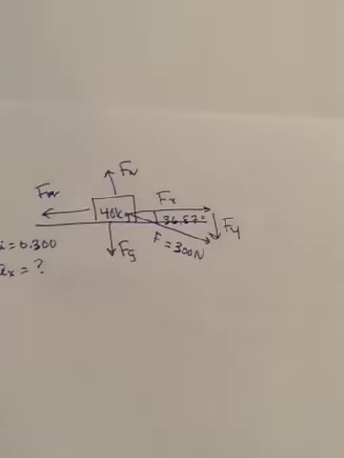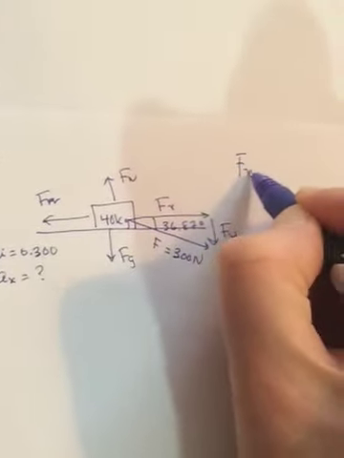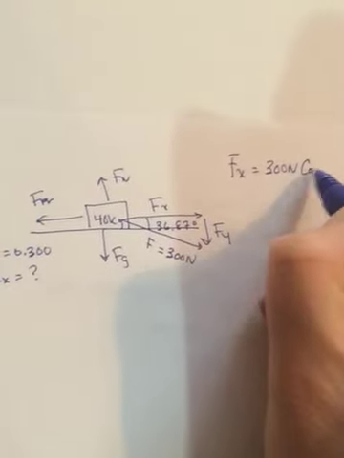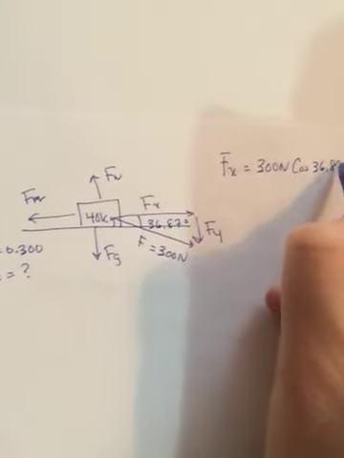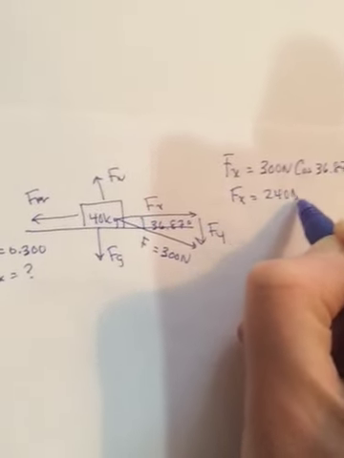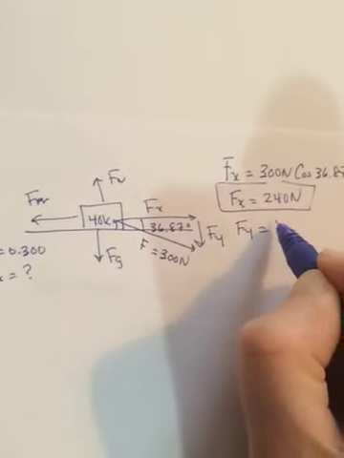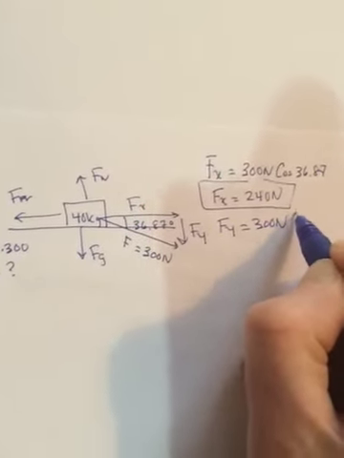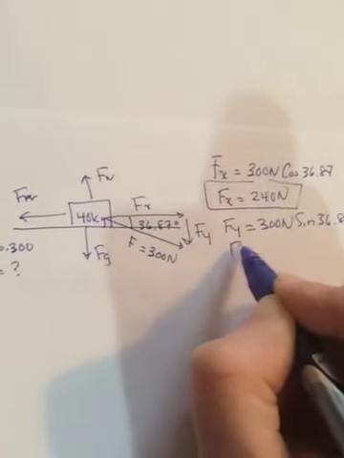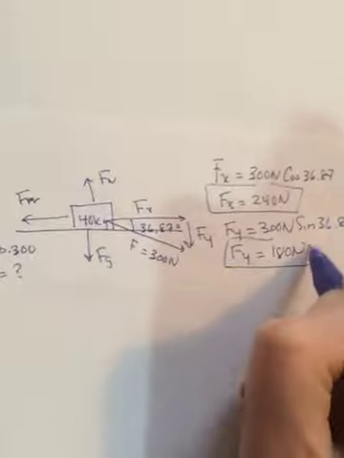You're pushing down at an angle this time, and you're looking for A. So again, Fx should just be 300 newtons cos of 36.87. So Fx should be 240 newtons. Fy, 300 newtons sine of 36.87. So Fy should be 180 newtons.